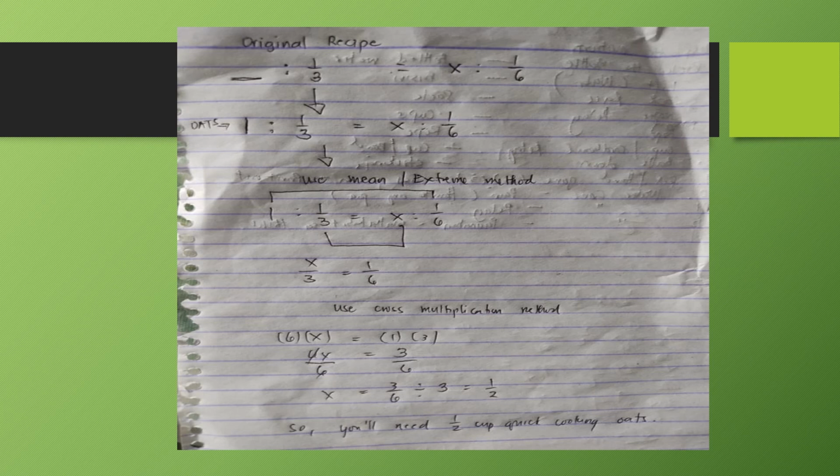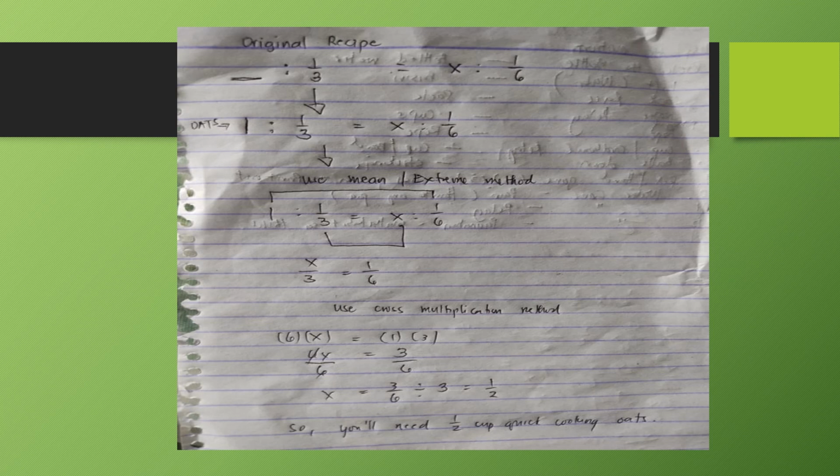Kaya siya mayroong x/3 is equal to 1/6. Since yan ay naka-fraction na, gagamitin naman natin ay cross multiplication method. So, 6 times x and 3 or 1 times 3. So, 6 times x is 6x, 1 times 3 is 3.